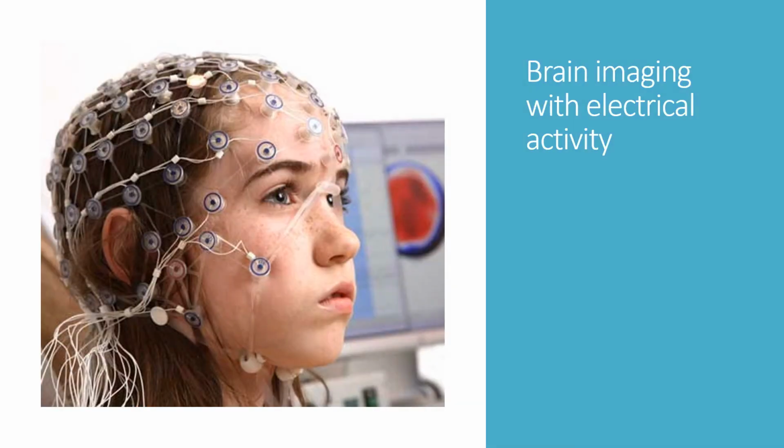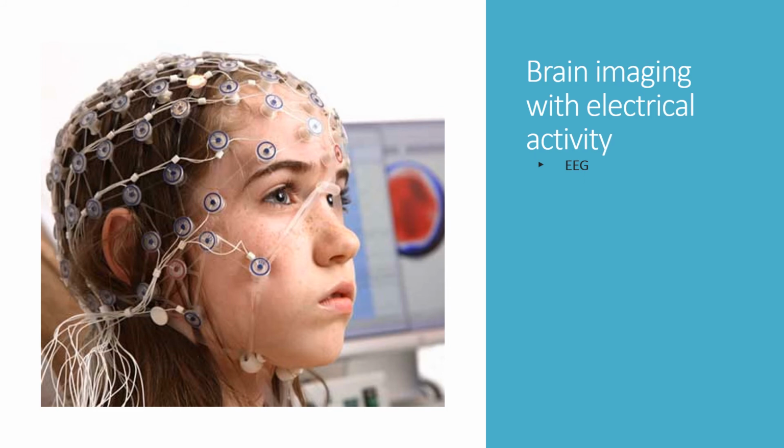So we can also gain insight into what's happening in the brain through studying the electrical activity that's taking place. Some of you may have had an EEG before, also known as an electroencephalogram. This works on the premise that information is processed in the brain as electrical activity in the form of action potentials or nerve impulses that are transmitted along neurons.